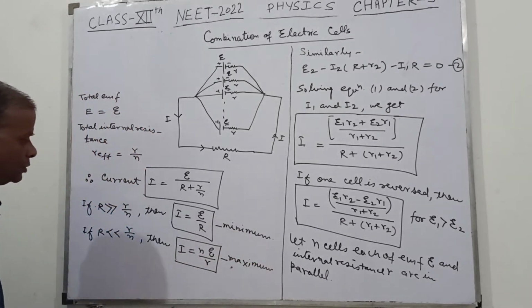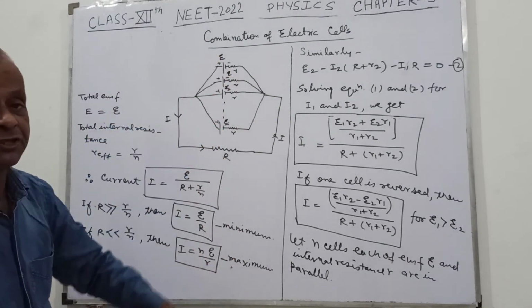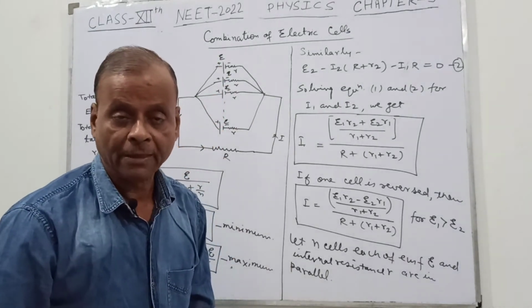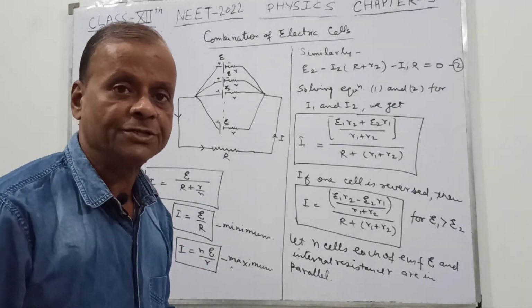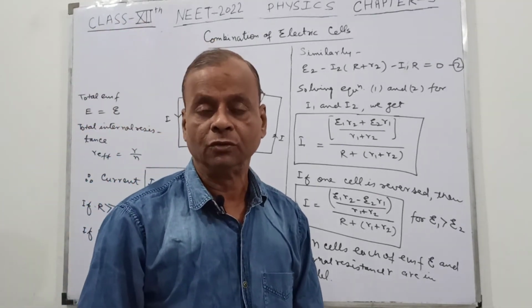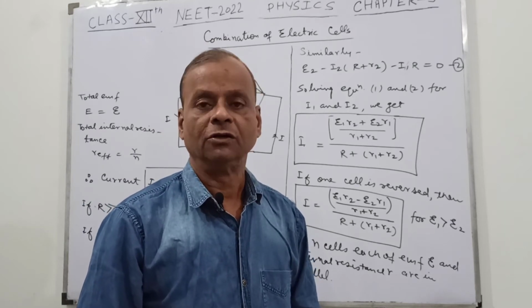So the cells must be connected in parallel when the external resistance is very small in comparison to the internal resistance of the cells.